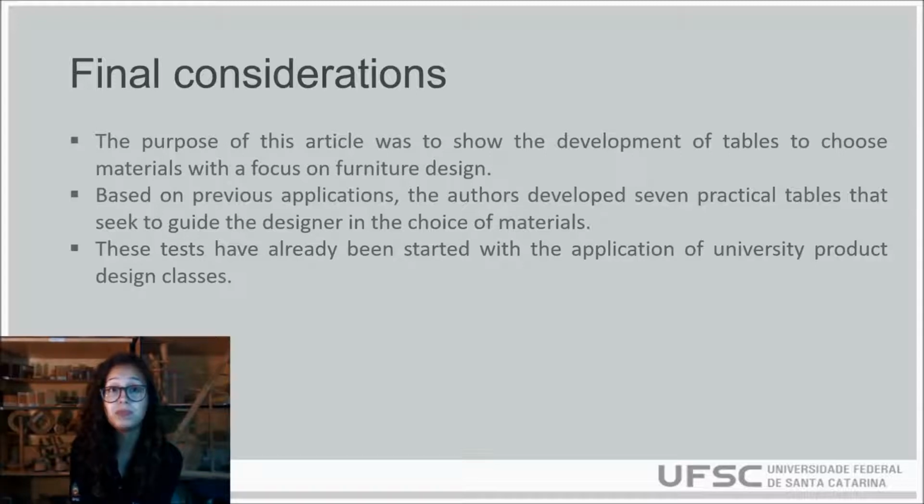Based on the previous applications, the authors developed several practical tables that seek to guide the designer in the choice of materials, establishing correlations with factors of fabrication, productivity, aesthetics, market, society, environmental, economic, safety, and costs.